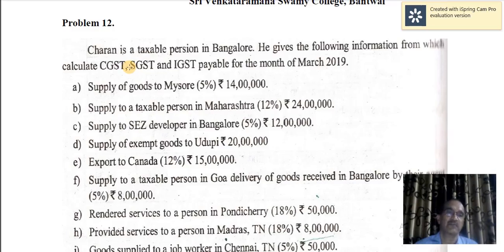We are the receiver of goods. So when we receive the goods, we pay the GST. So that is inward supply, GST on inward supply, and that is input tax. And input tax can be adjusted against output tax, and thereby net tax is payable. That is, output tax minus input tax is equal to net tax payable.